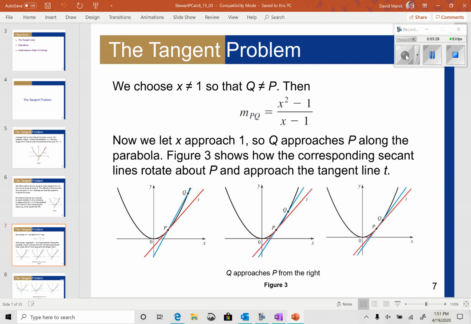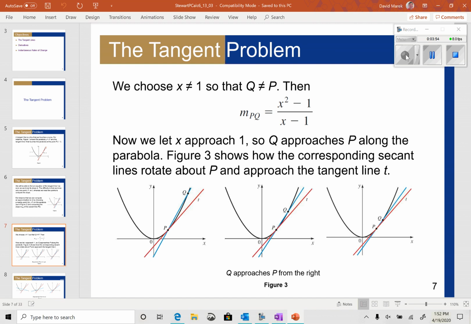Where do you put point Q? Note in figure 3, starting on the far left, if we put point Q relatively far from point P, we get a particular slope for the blue line. It's positive, which is the same thing we can say for the red line. But then look at the middle figure.